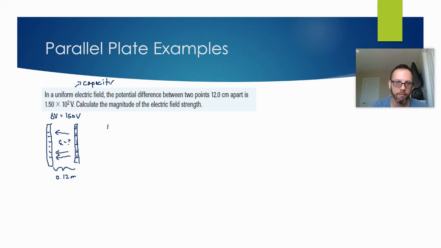And it's actually really easy because those three things are related by delta V equals epsilon times R. Epsilon equals delta V over R. And we get 150 divided by 0.12, which is 1,250, and the units are newtons per coulomb.